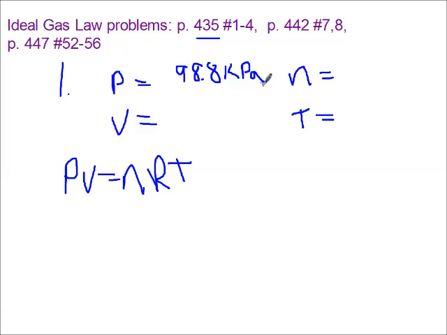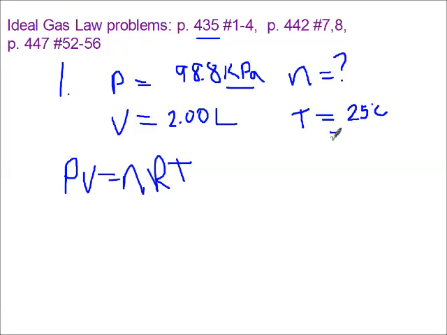They expect you to know, based on those units, that that's a pressure. The unit of volume is liters and milliliters. I have a volume of 2.00 liters. How many moles? They're asking me to find n. My temperature is 25 degrees Celsius.